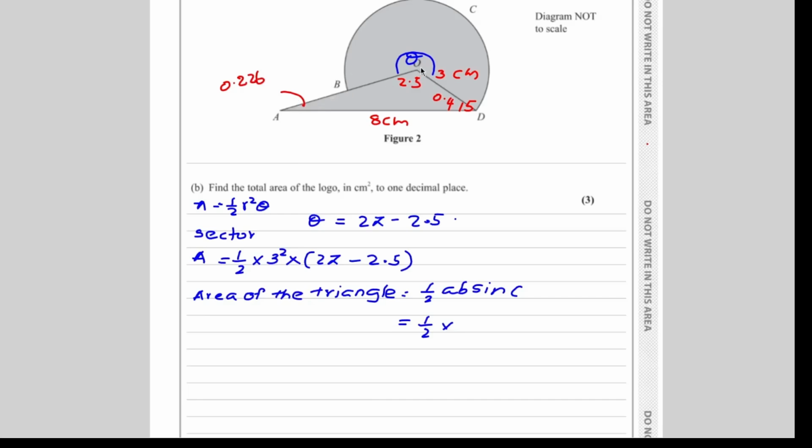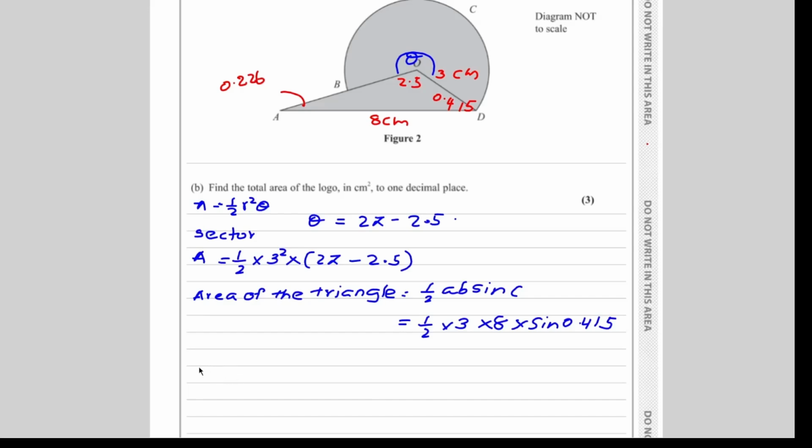Therefore, you can't use this one as A or B. You have to have two sides and the in-between angle. Therefore, this one is A, this one is B, and this one has to be your C. So A is 3, B is 8, and sine 0.415.